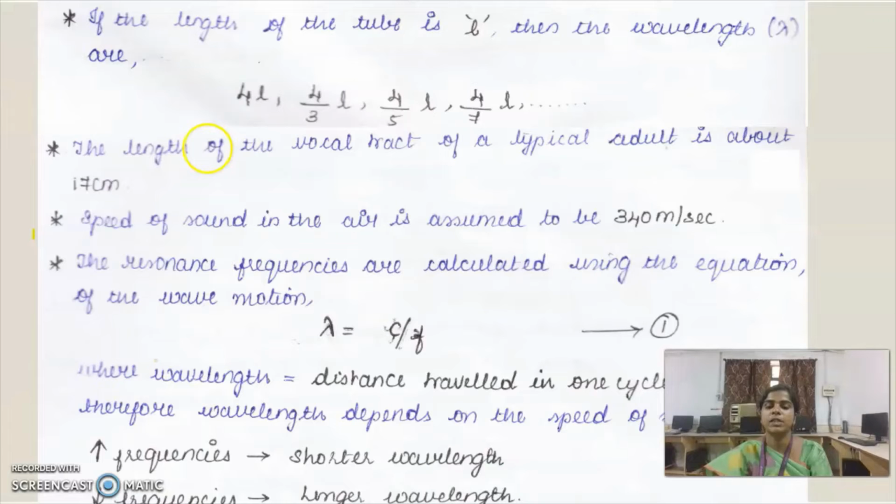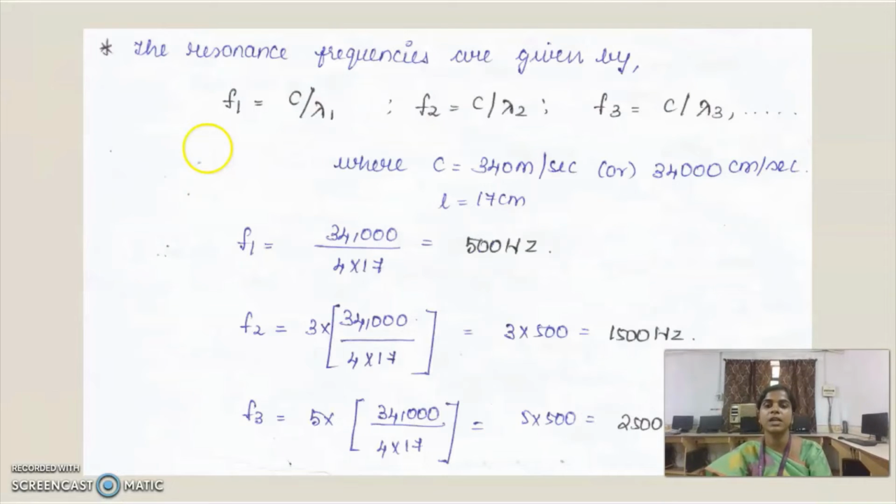So higher frequencies are brought out by shorter wavelengths, and lower frequencies or lower pitches by longer wavelengths. This is how we calculate the resonant frequencies. The first formant or resonant frequency is given by C/lambda 1. It is approximately 500 Hz for a person with a vocal tract length of 17 centimeters.